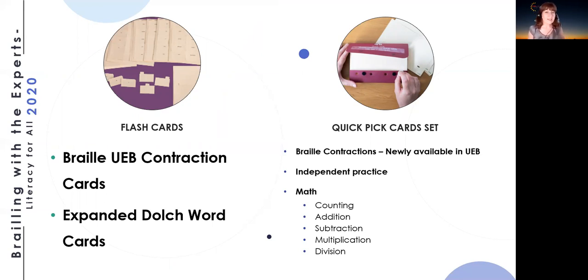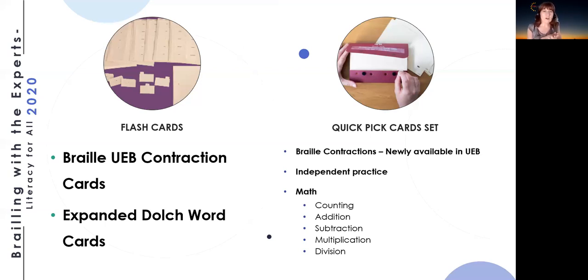One of the things that was nice for students to do independently for practice in centers, a lot of times if they're young elementary students and they're in centers, it's difficult to come up with a lot of things for them to do. The quick pick card sets are nice. They use just a pen, a pencil, a Braille eraser.